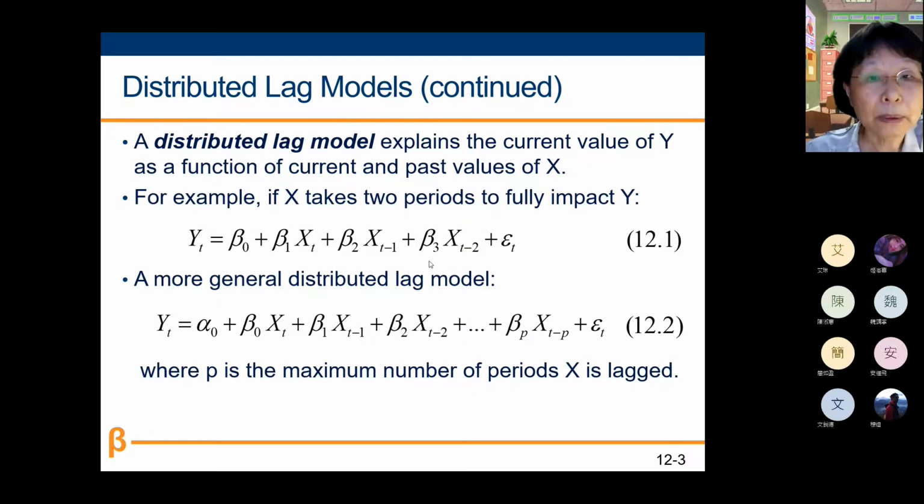Yes. But if we use the OLS estimation to estimate the model with multicollinearity problems, what will happen?